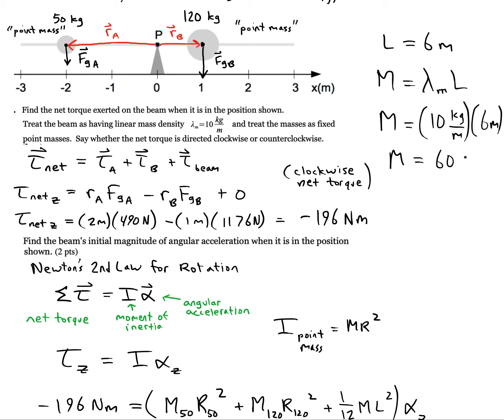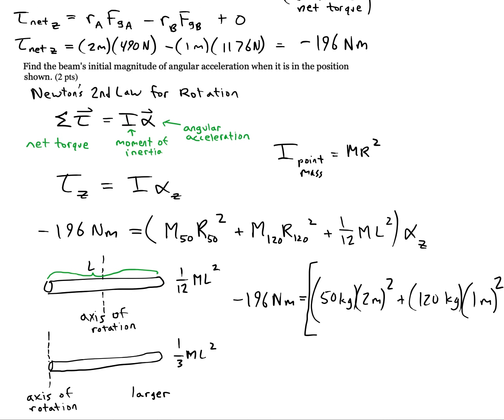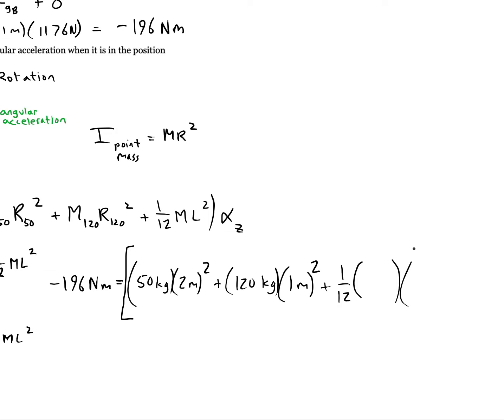It's 60 kilograms. Alright, so now let's plug that in. 60 kilograms, 6 meters squared times alpha.